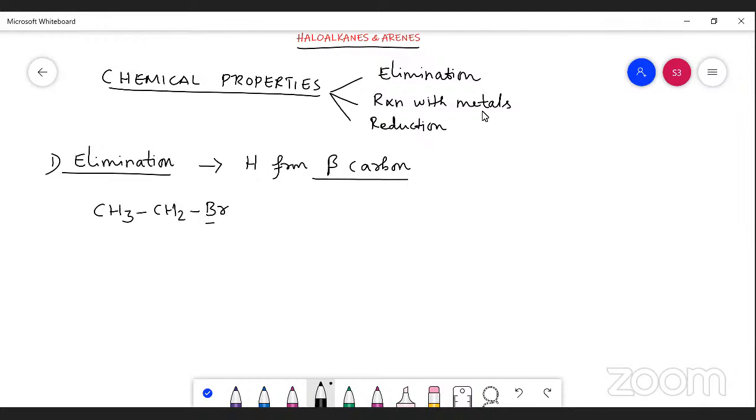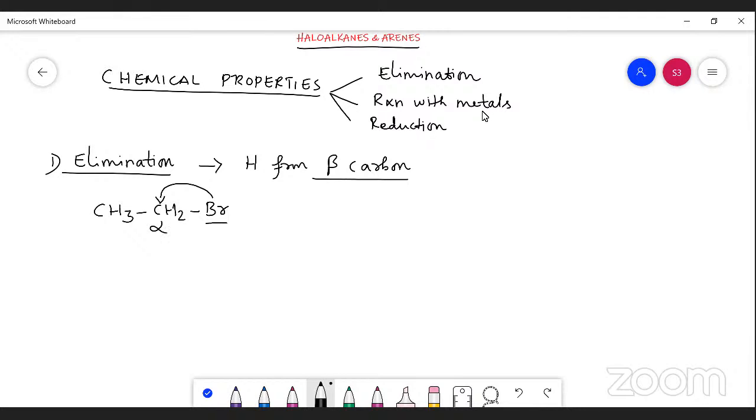Here bromine is the halide group, and this bromine is attached to this carbon. That carbon I am going to name the alpha carbon.